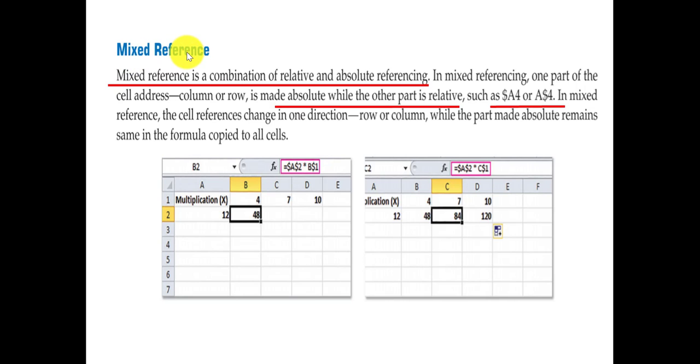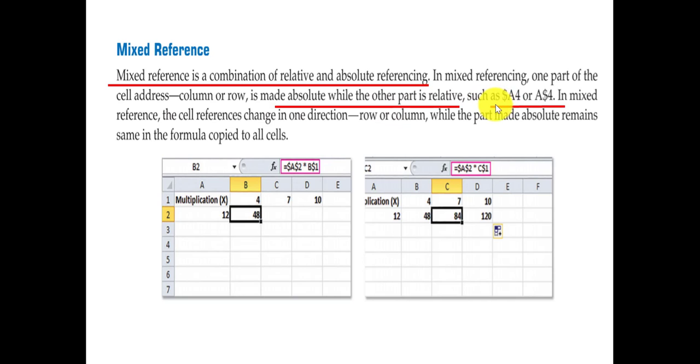As the name suggests, mixed reference is a combination of relative and absolute referencing. In relative reference, we have learned that the formula changes in every cell. And in absolute reference, the value is fixed and constant. In mixed referencing, one part of the cell address, either the column or the row, is made absolute, meaning fixed, while the other part is relative.